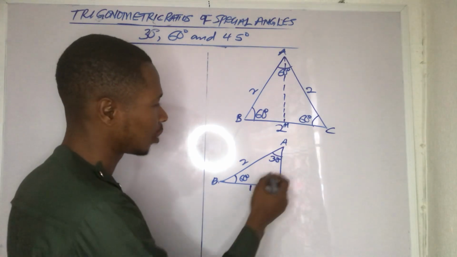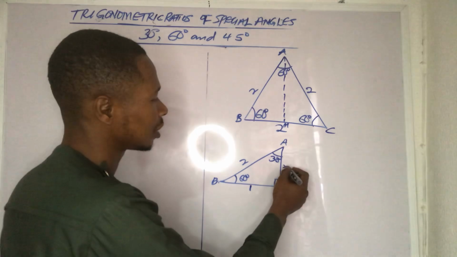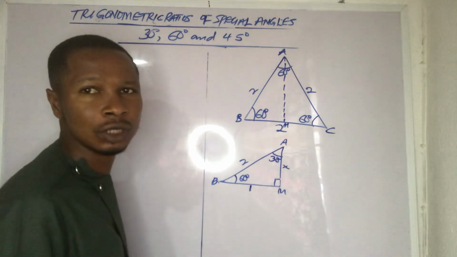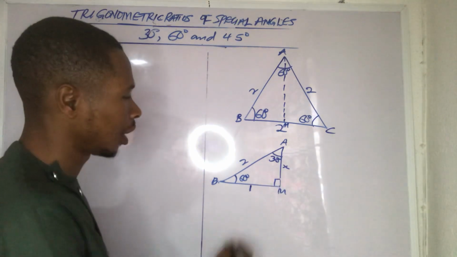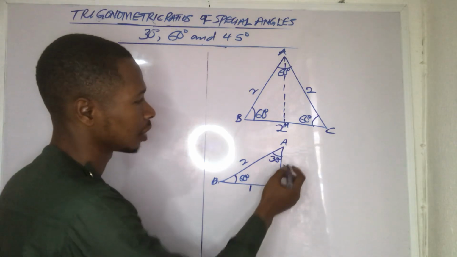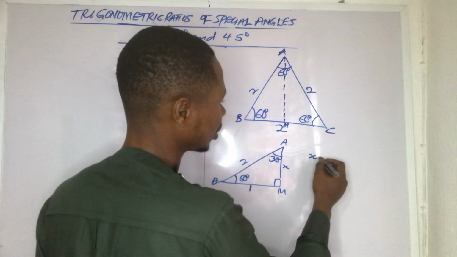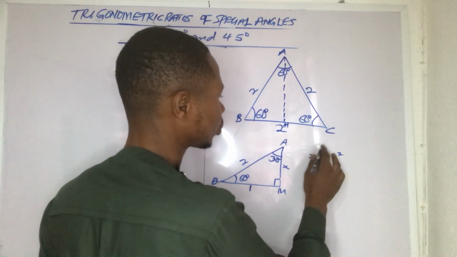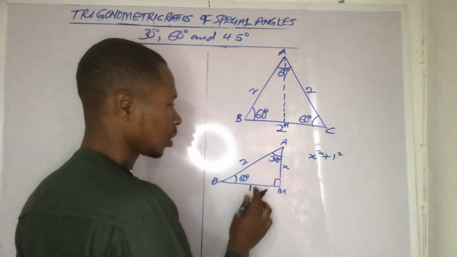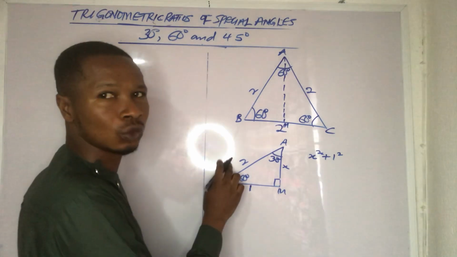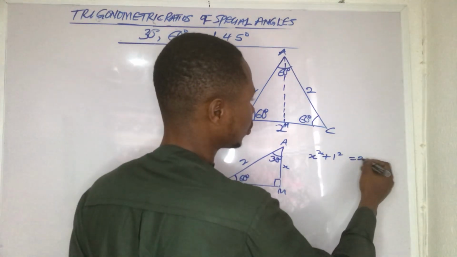Then how do I get this side? Let's say it is x. Then I can get this side x using Pythagoras theorem. That is, x squared plus 1 squared is equal to the hypotenuse squared, which is equal to 2 squared.